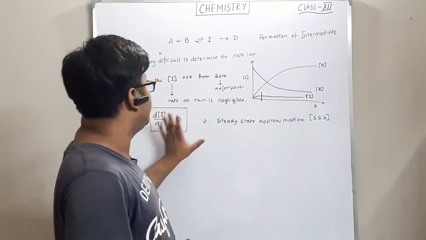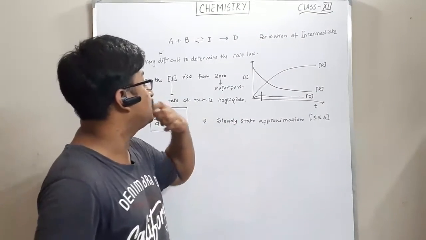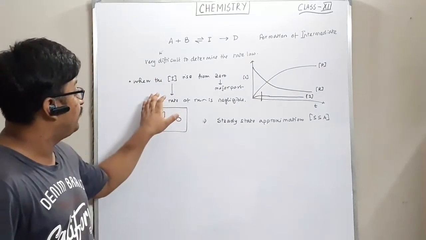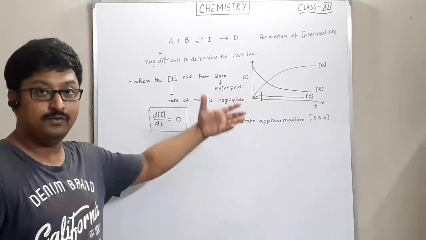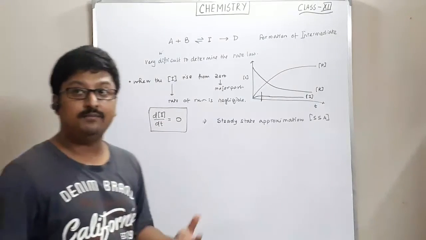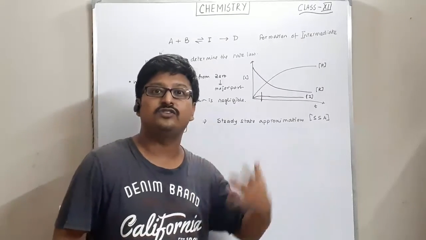So in the steady state approximation, you assume that during the course of the reaction, after some time, the rate of formation of the intermediate is zero, that is, its concentration is constant.